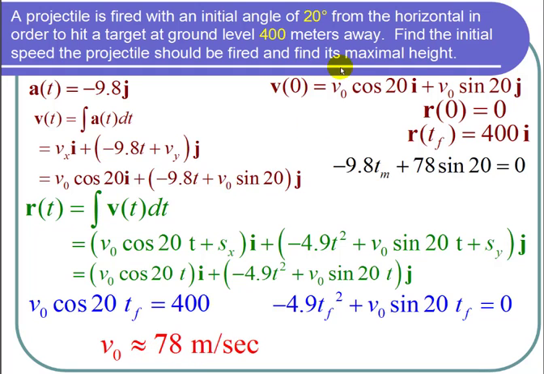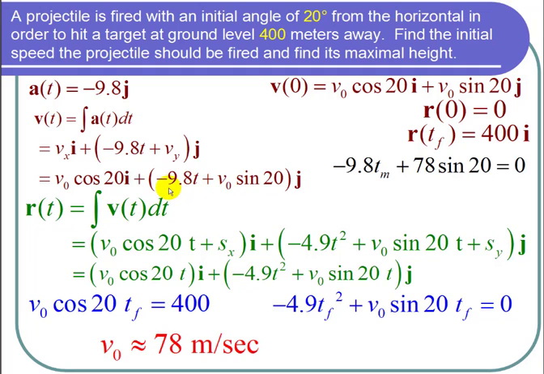Now I just need to find the maximal height. Well, when we're at the maximal height, the j component of the velocity will be 0, because that means it goes up and then it goes down. So I can plug in t maximal and get 0.